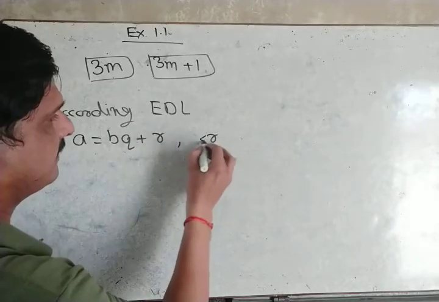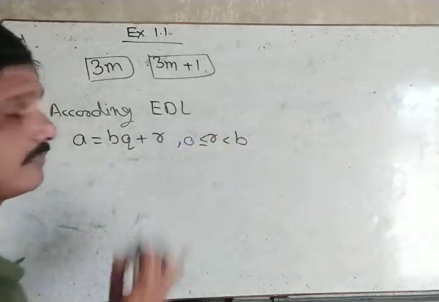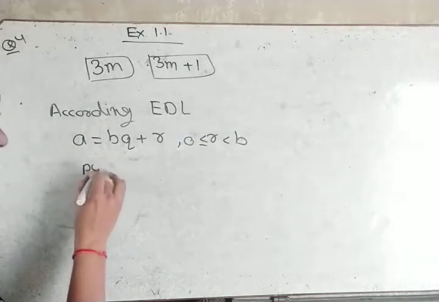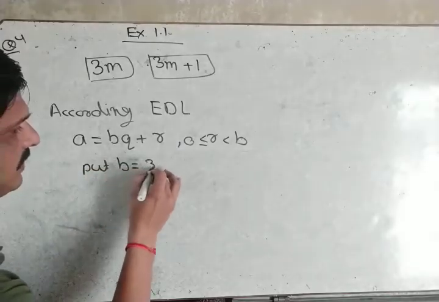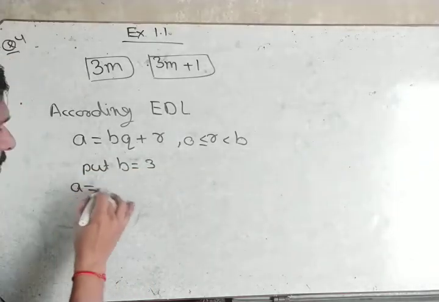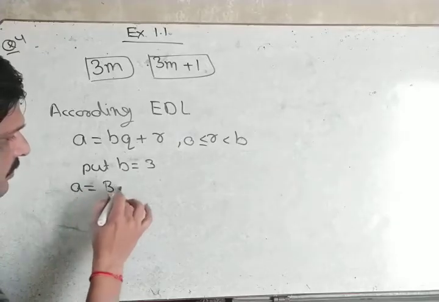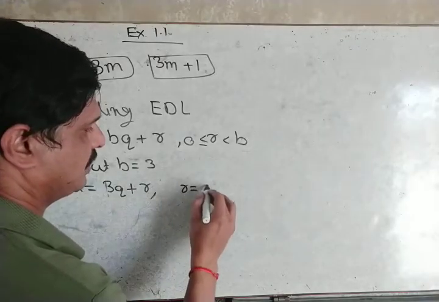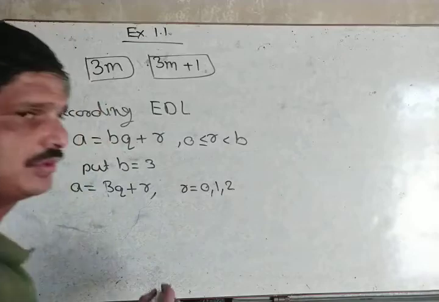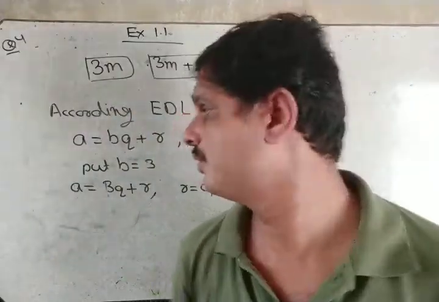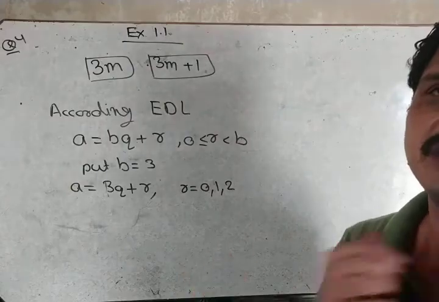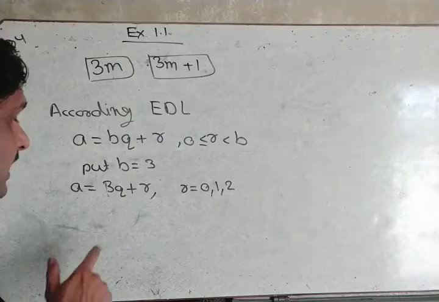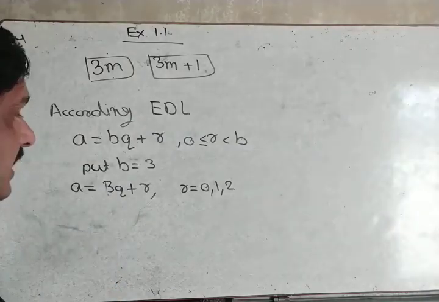Now if we put b equal to 3, r is 0, 1, 2, because it cannot take a value of 3 or more as the divisor. So we have 3 cases.